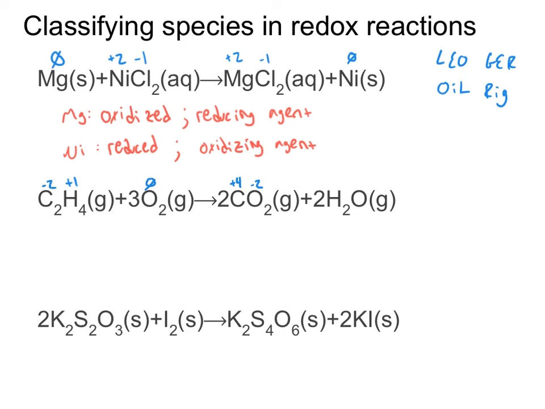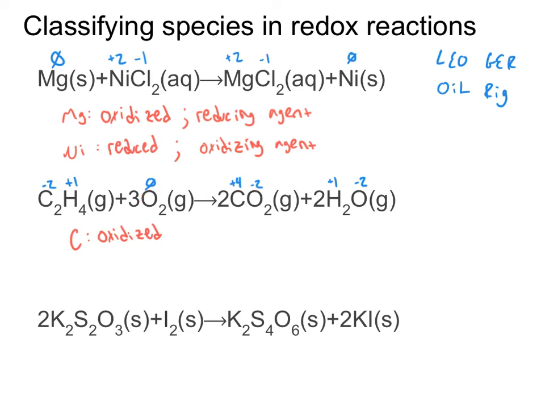Hydrogen is still going to have an oxidation number of +1, and oxygen here will have an oxidation number of -2. And so we can see that carbon, going from a -2 to a +4, had to have lost electrons, and therefore carbon was oxidized. Likewise, oxygen goes from a 0 oxidation number to -2.